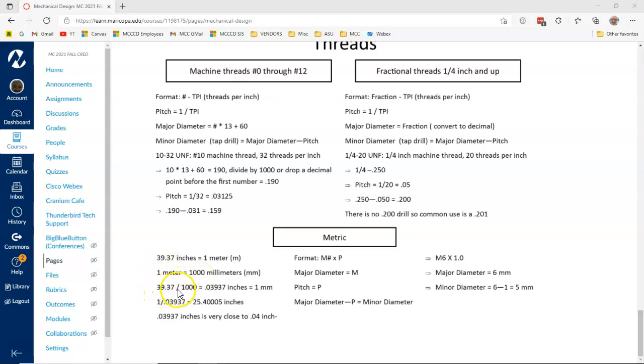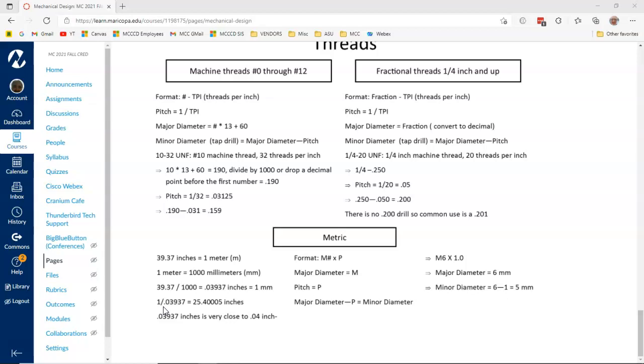So 39.37 divided by 1,000 is 0.03937 inches equals 1 millimeter. The reciprocal, 1 divided by 0.03937 is the 25.4 that we commonly were taught, and the problem with that is I can't visualize 25.4 millimeters in an inch. Oh, so I guess I need to correct my units there.